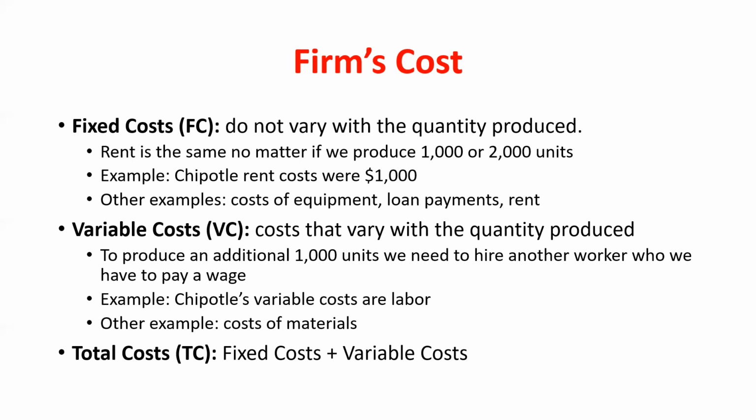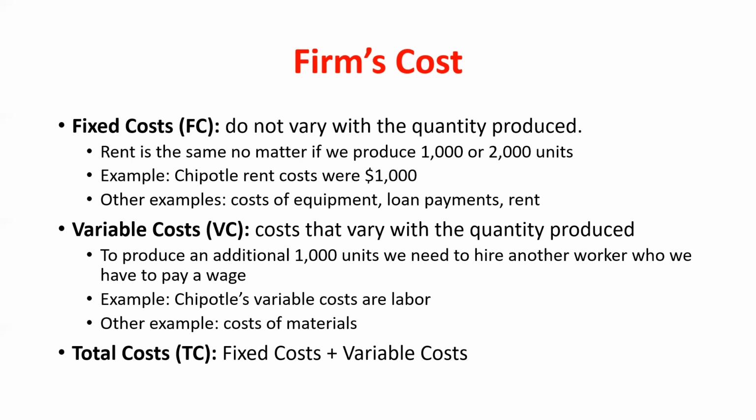If we want to produce very little, maybe even zero, our variable cost could potentially be zero. But even if we produce zero, we still have to pay our fixed costs. So if we had a function for what costs look like, my total costs would be these fixed costs plus my variable costs times quantity.